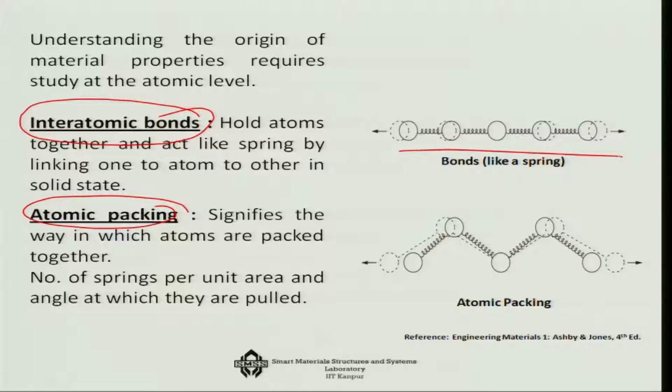Depending on the atomic packing, we will see more of these various types of possible atomic packing. So, we will discuss the crystal structure, but depending on the atomic packing, there is a directionality that will come in these springs, and that also affects the material properties of the system.